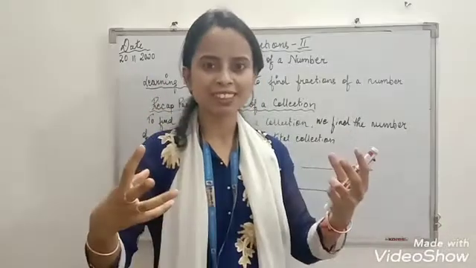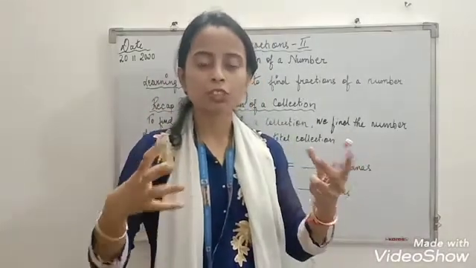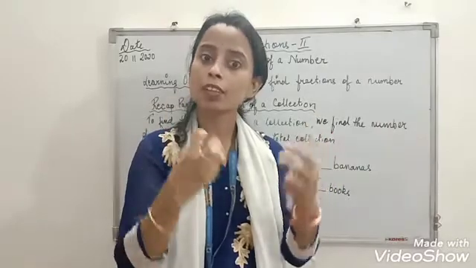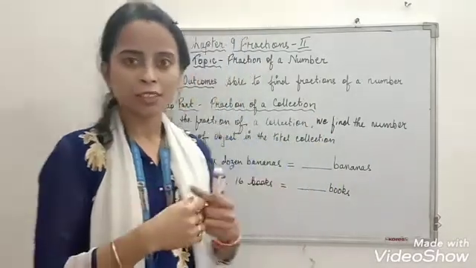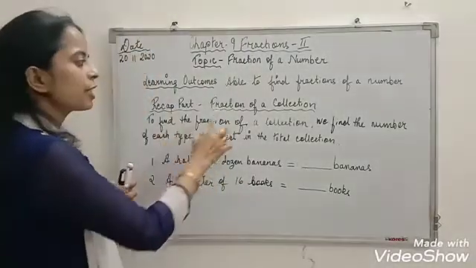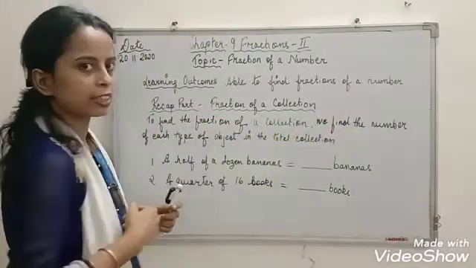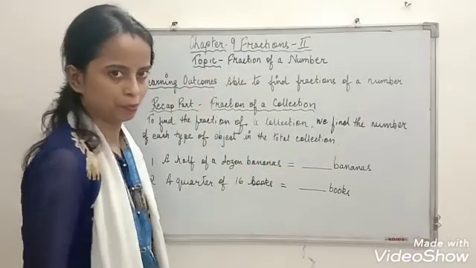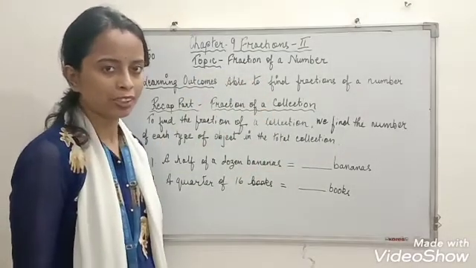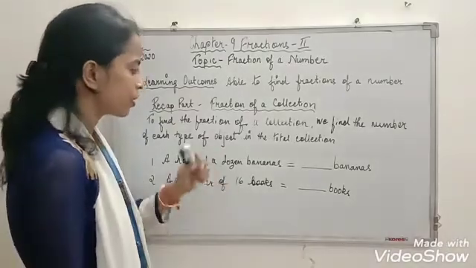Collection of earrings, yes or no? So what I told? Group of objects. Okay children? So to find the fraction of a collection, we find what? The number of each type of object in the total collection. Clear?